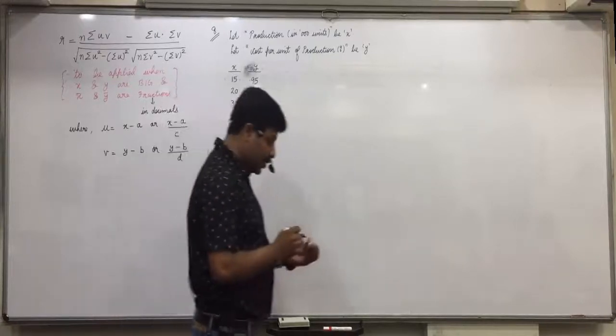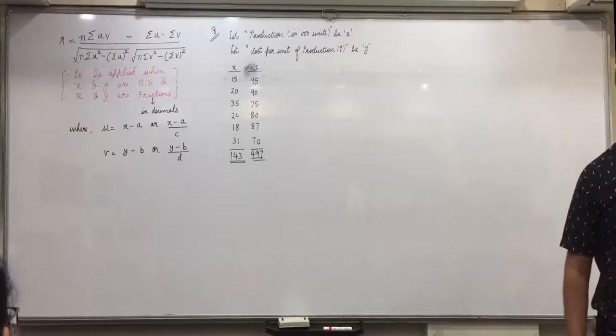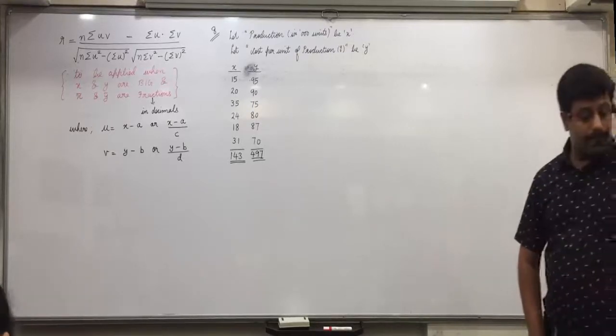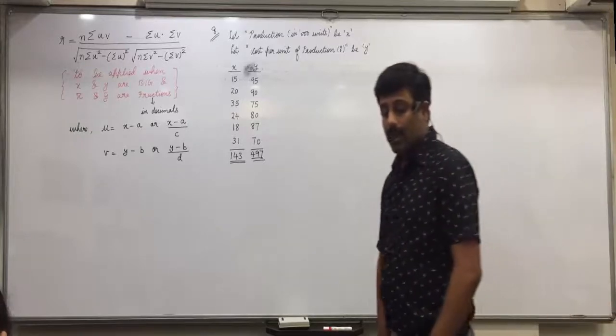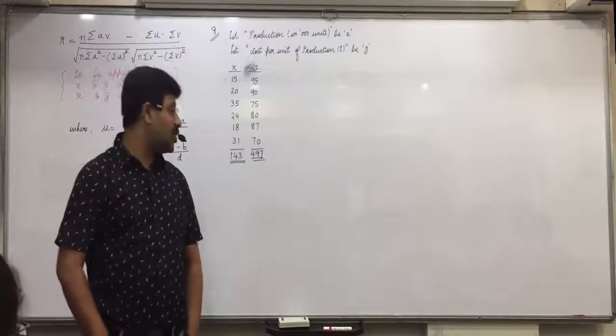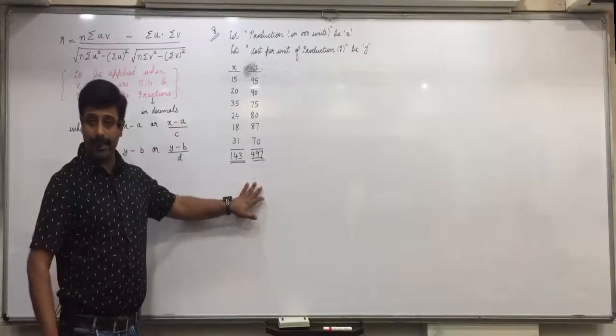All of you should be doing it. See that you obtain this or not. Raise your hand who is still writing the values of X and Y. All have written it? Yes.